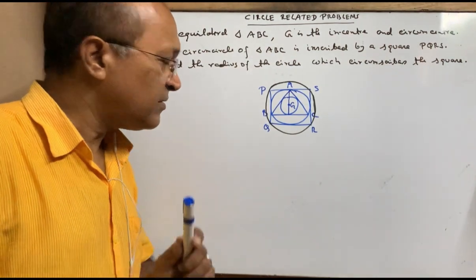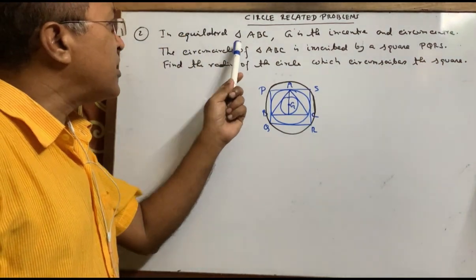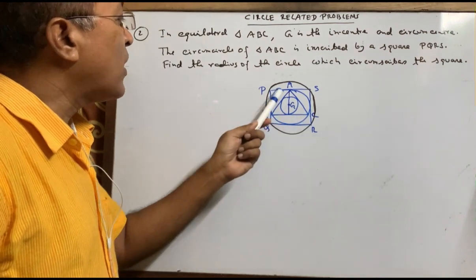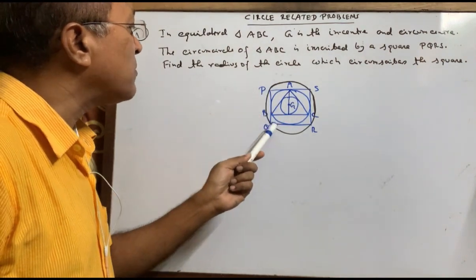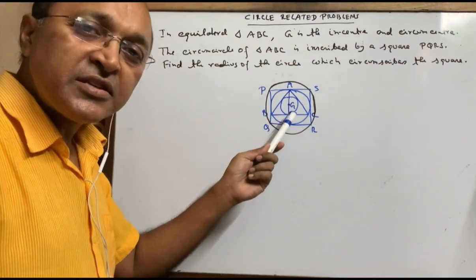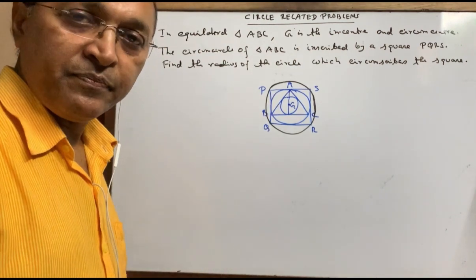Okay, what is given? Step by step, follow it. In equilateral triangle ABC, there is one incircle, another circumcircle, and G is the incenter as well as circumcenter.